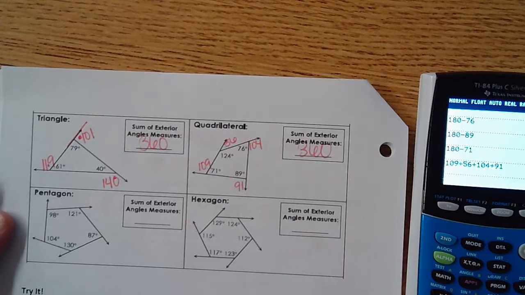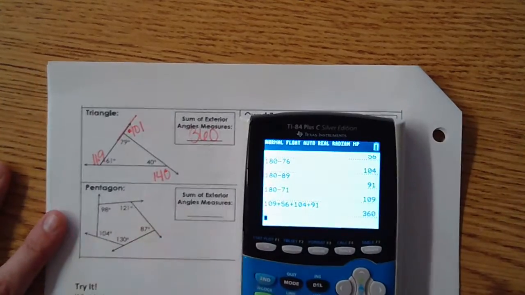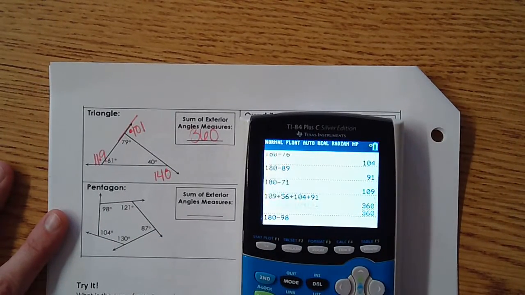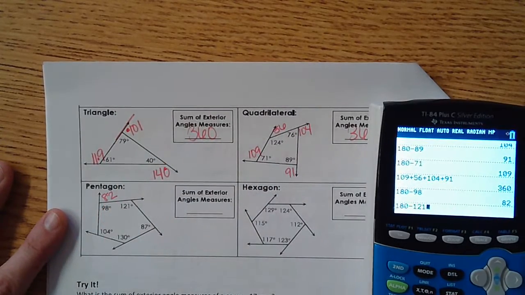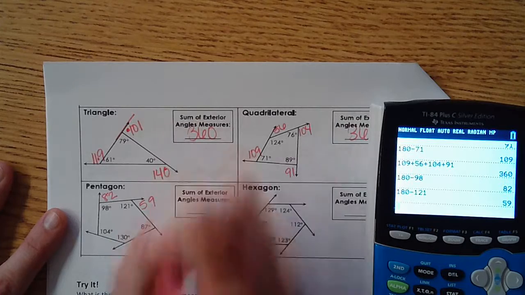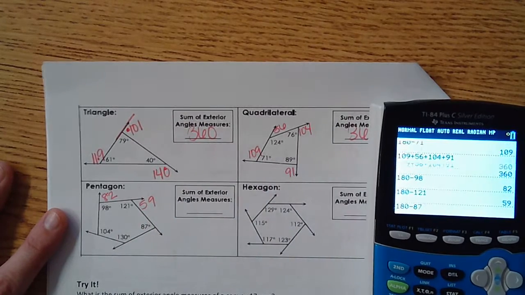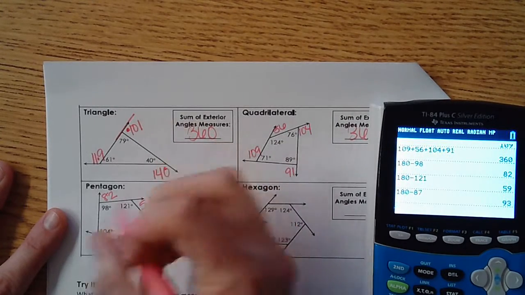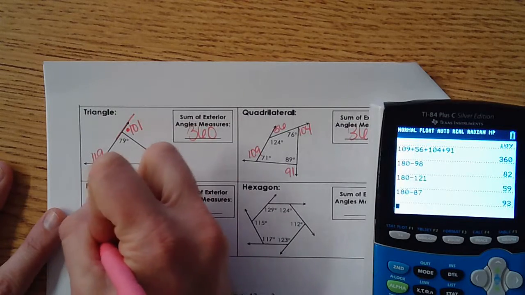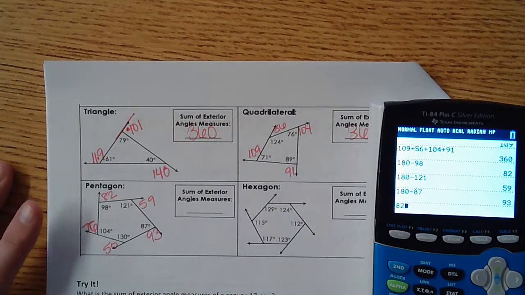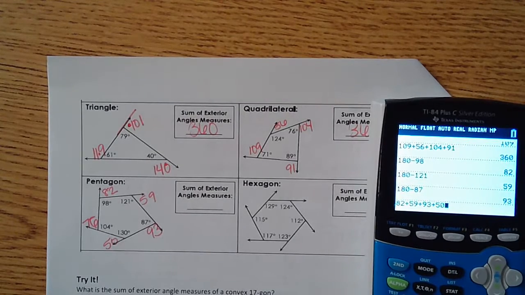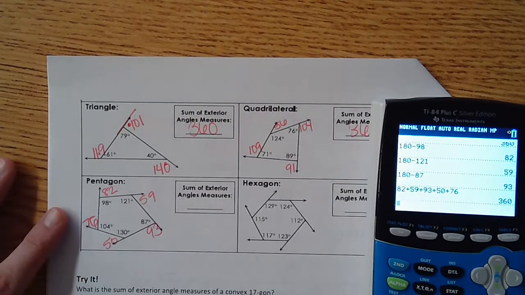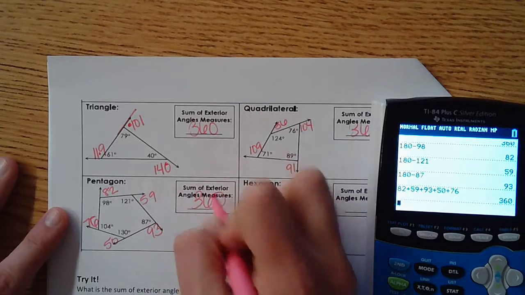All right, so let's try a pentagon. 180 minus 98, 82. 180 minus 121, 59. 180 minus 87, 93. 50, 76. Add all these up. 82 plus 59 plus 93 plus 50 plus 76 gives me 360 degrees.